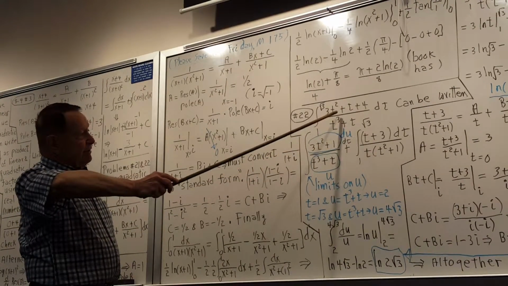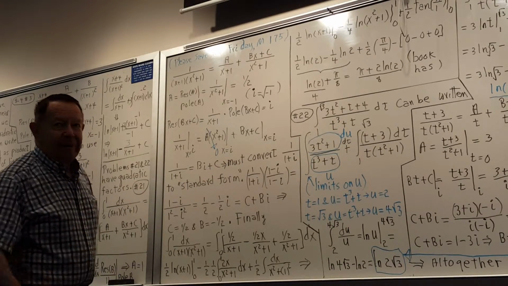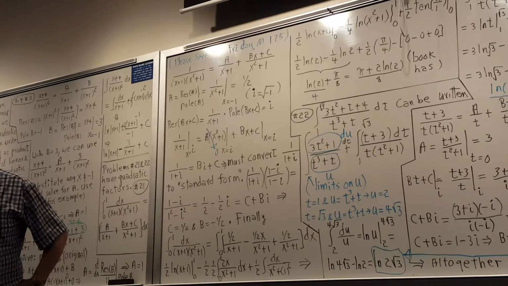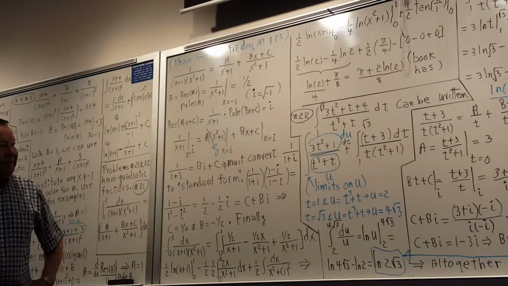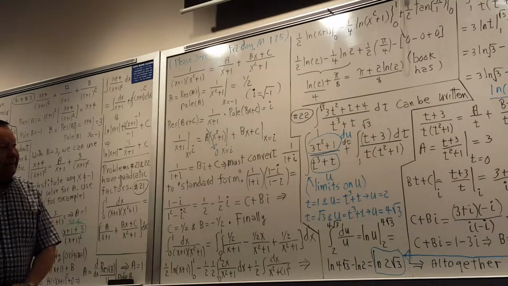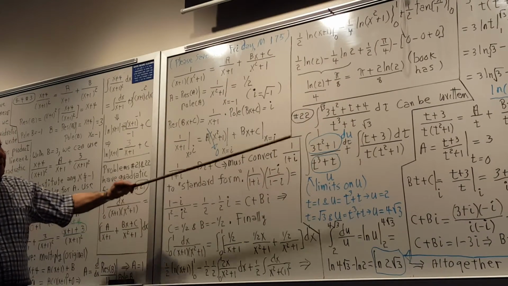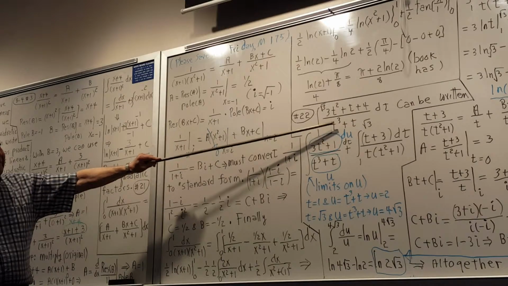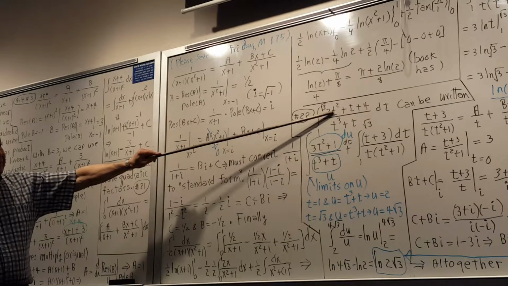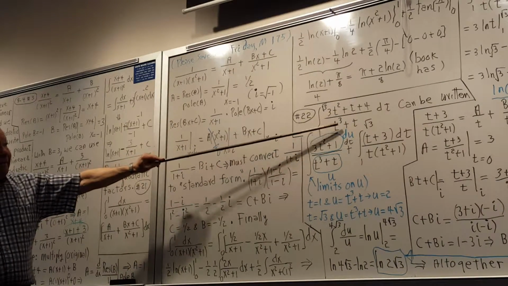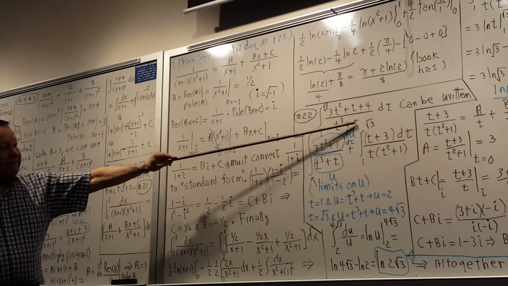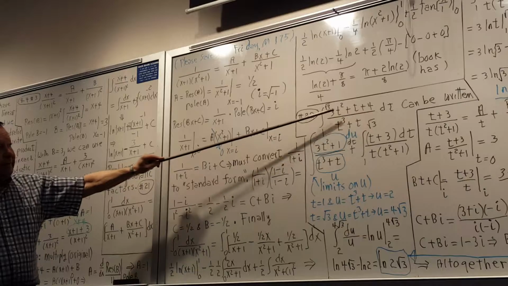Another thing that you can do, you don't necessarily have to do it the way that I have done it here. If you notice, the derivative of t cubed is 3t squared, and the derivative of t would be 1.